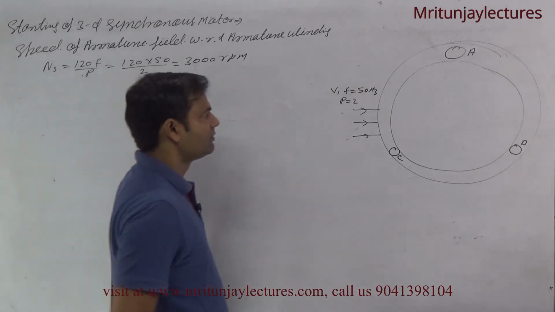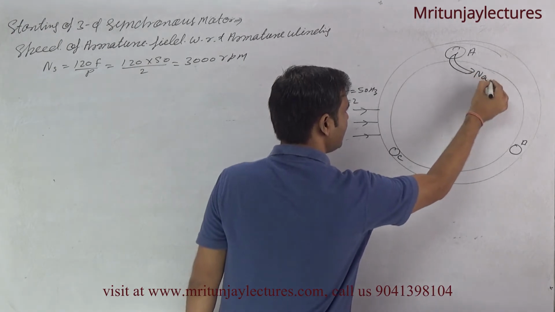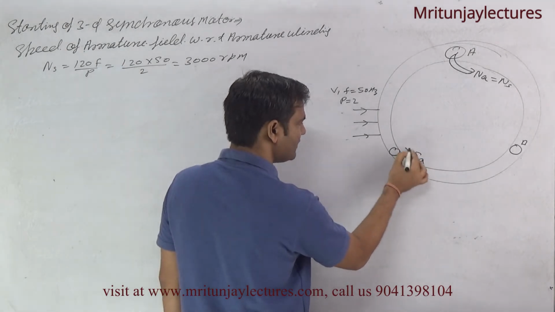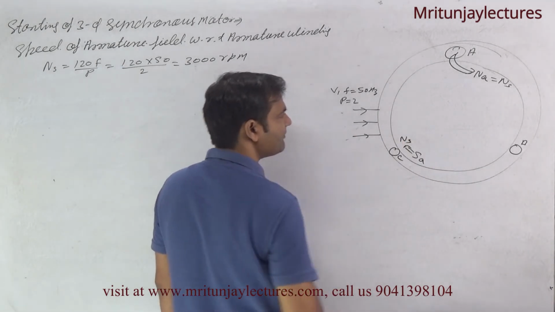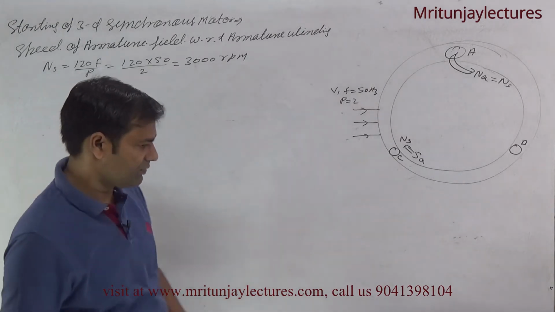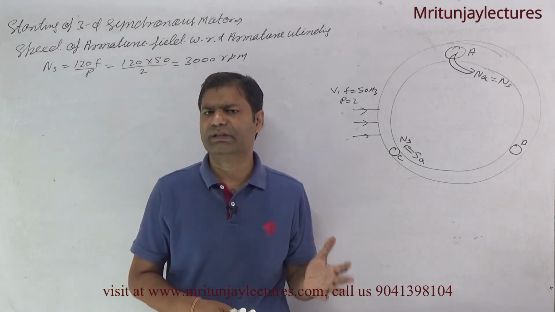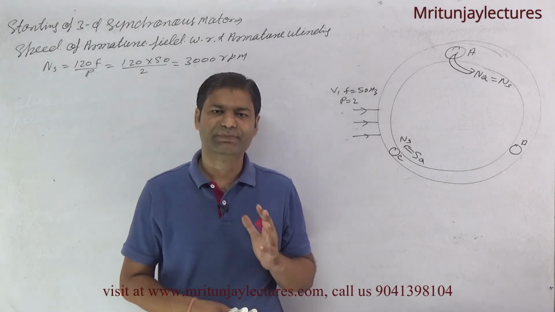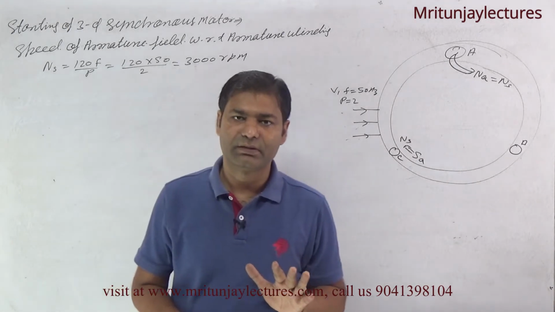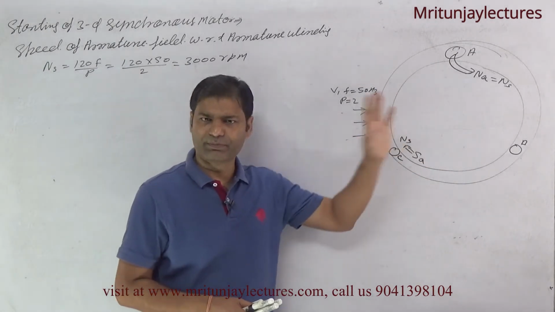Now that is NA, this is equal to NS. Poles like this one, and that is NS. Clear? Why, if positive sequence current on stator, or you can say ABC, then stator field with respect to stator winding rotates clockwise. I have already discussed this in induction machine, rotation of induction machine with proof.